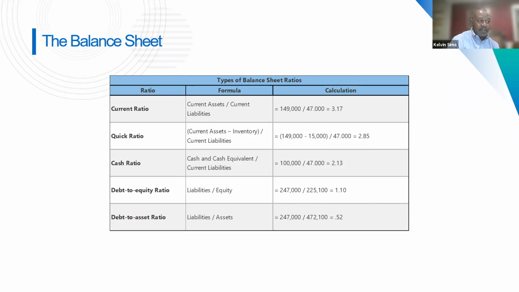Likewise, the debt to asset ratio, my liabilities to my assets, I want this number to be as low as possible because I want to be able to, with my assets, again, if I sold a business, pay those liabilities off at that time.